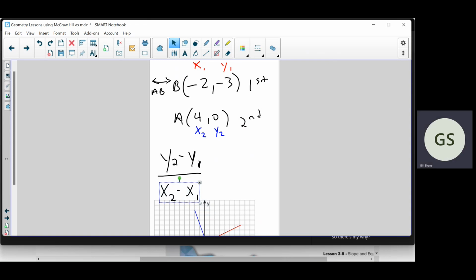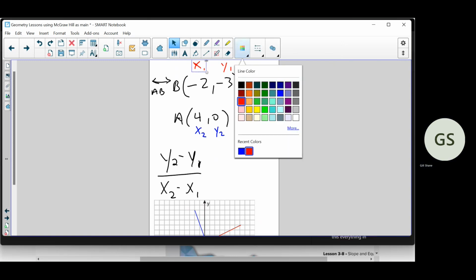A little bit so we can see the whole thing. All right, so now I just plug in the numbers. I'll do this in red. My y1 value is, oh, hold on a second. I'm going to really color coordinate this.